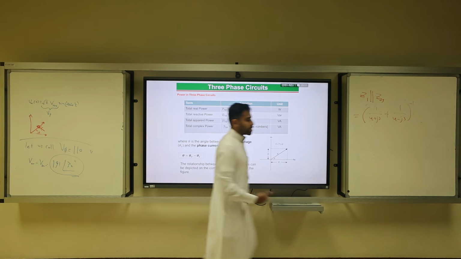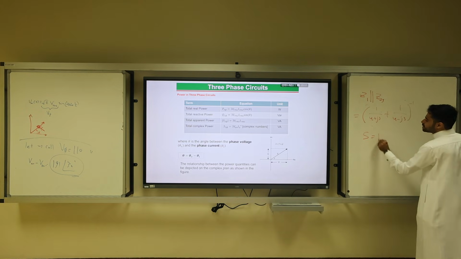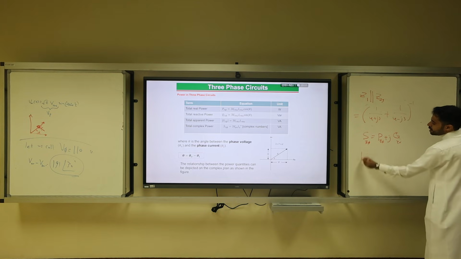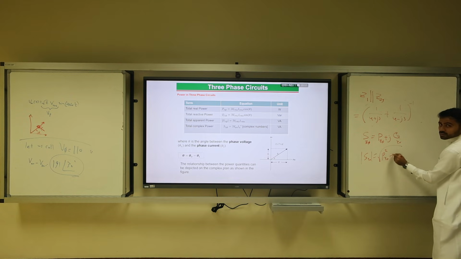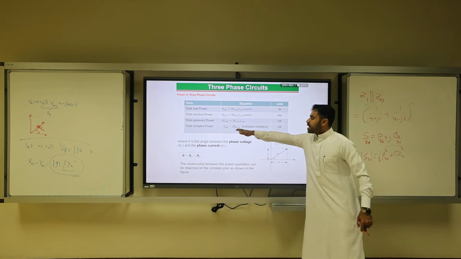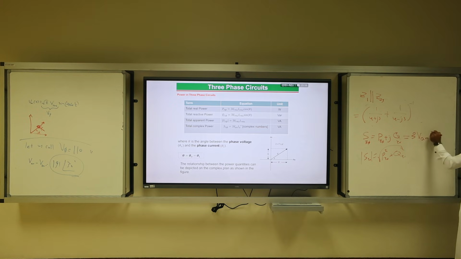Do you remember in power systems, complex power is P plus j times Q. And if you put in the three-phase, apparent power is what? The square root of P squared plus Q squared. If you square this, you should reach this. And of course, the other notation is 3 V AN I A conjugate. These are two equations for the complex power.